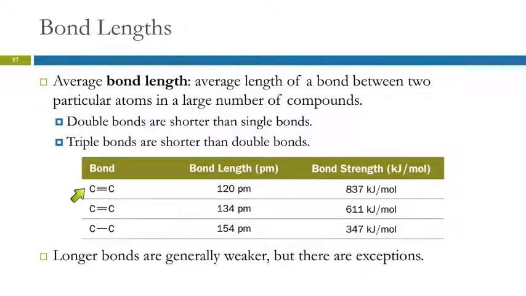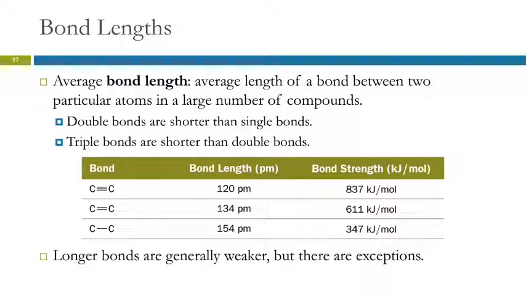We can look at carbon-carbon bonds, triple, double, and single, and we see that an average length for a carbon-carbon triple bond is 120 picometers. A double bond on average is longer, and single bonds are longer still. And the bond length has an inverse correlation with the bond strength. So a strong bond is a short bond, and a long bond would be weaker.